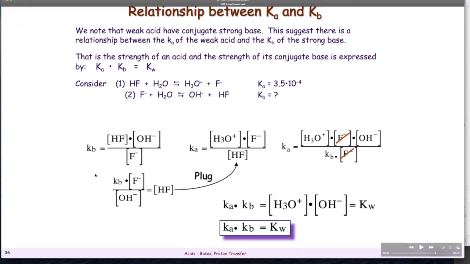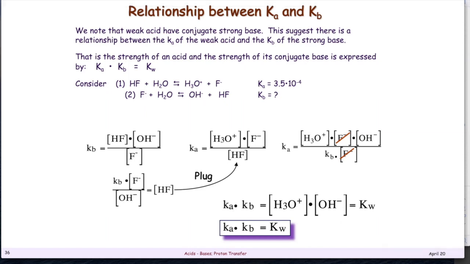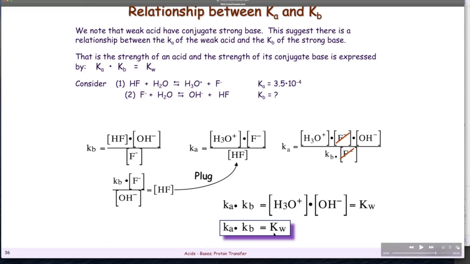Anyway, this equation shows you, mathematically and through the chemistry, that Ka times Kb is equal to hydronium times hydroxide. Don't assume, however, that Ka equals hydronium. It just tells you that the relationship holds. Ka times Kb equals Kw. So all you need is either the Ka or Kb to calculate the other, as long as you know Kw.